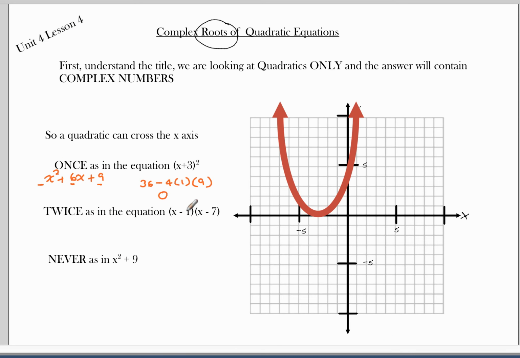If I come back to this one, if I had written this out, that's the equation when I multiply those two binomials out. And if I had done the discriminant for that, b squared minus 4 times a times c, minus 28, which is 36.